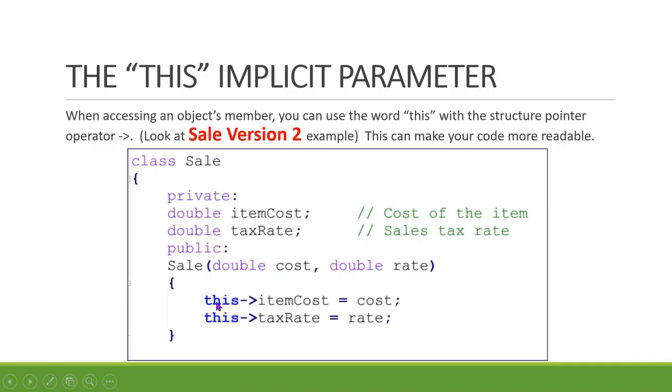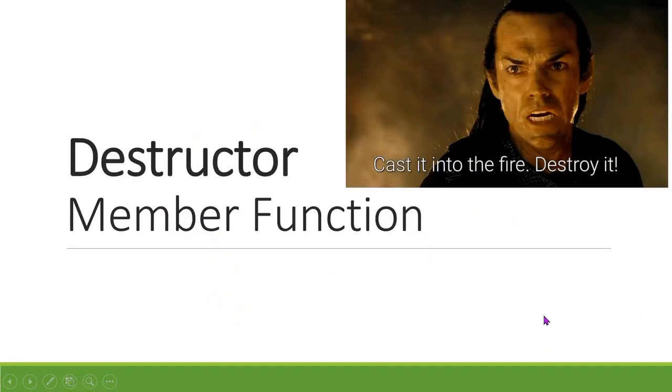What this is doing is saying item cost is an attribute in this class, and I'm setting the item cost to cost and setting tax rate to rate. All this is doing is making the code a bit more readable, because anytime you see this, you know that whatever it's in front of is either a data member or a function member that belongs to this class.